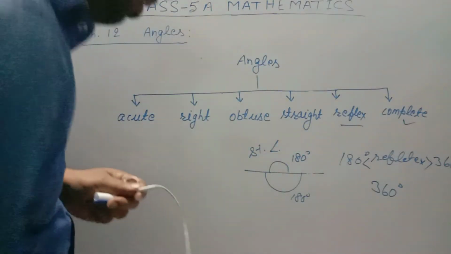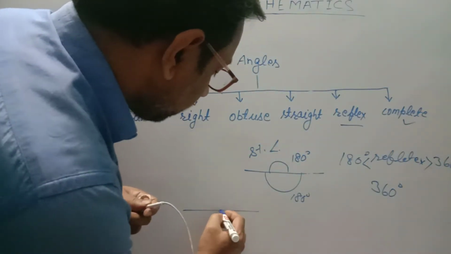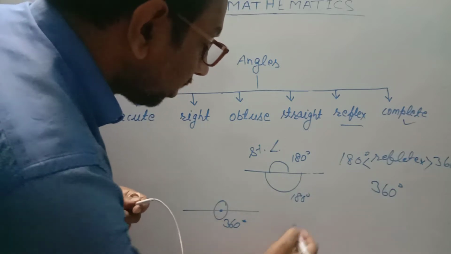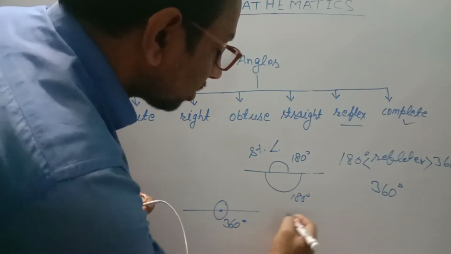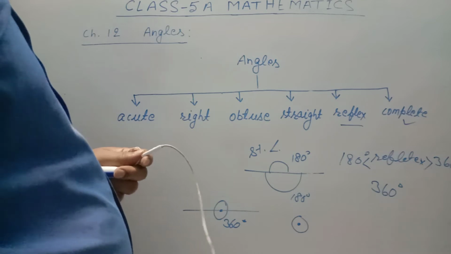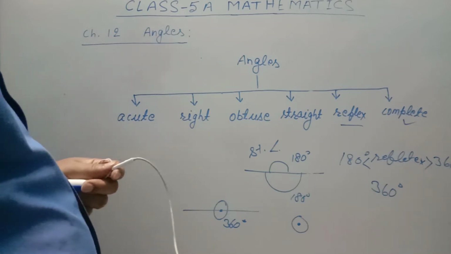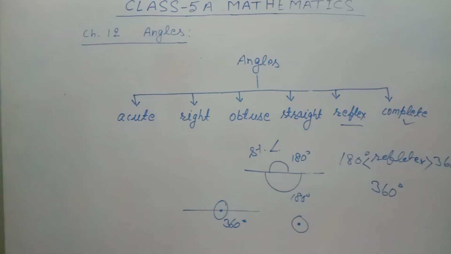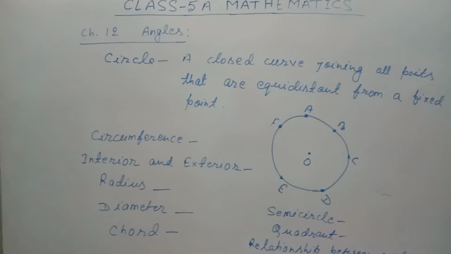An angle of 360 degrees is called the complete angle. What is this complete angle? If you draw all around this point, you have 360 degrees, that is a complete angle. Any point consists of 360 degrees or complete angle. So these were the classification of angles. Those are classified into six types based on the measurement.